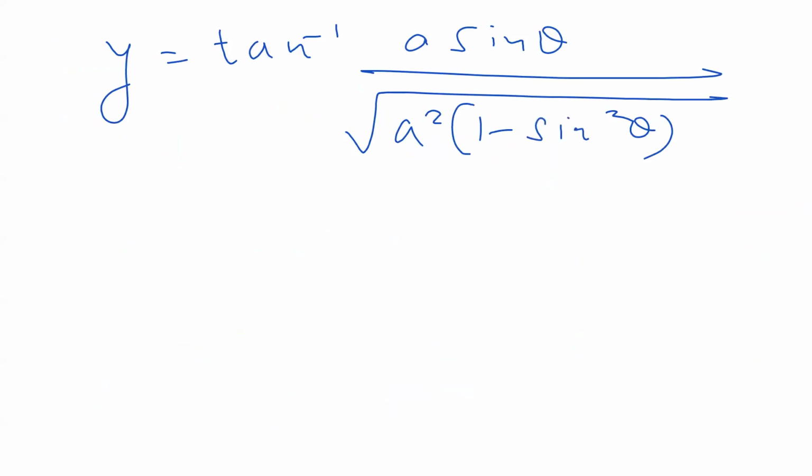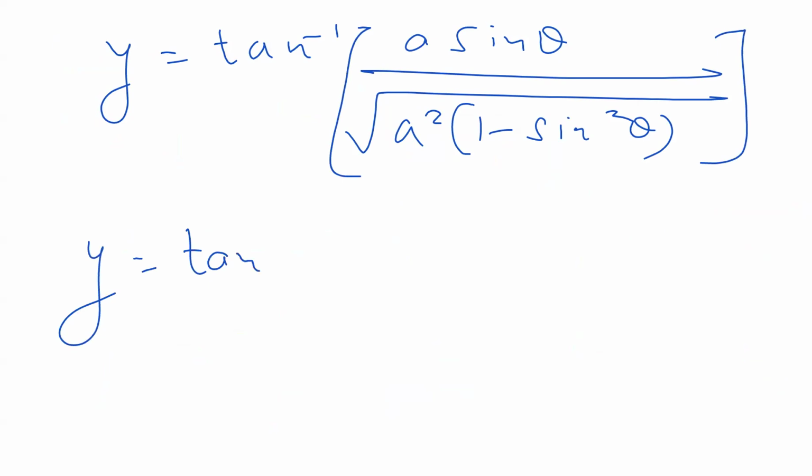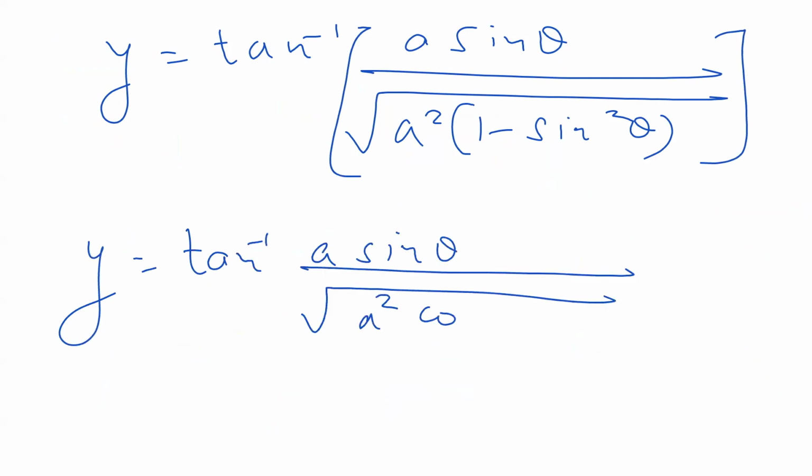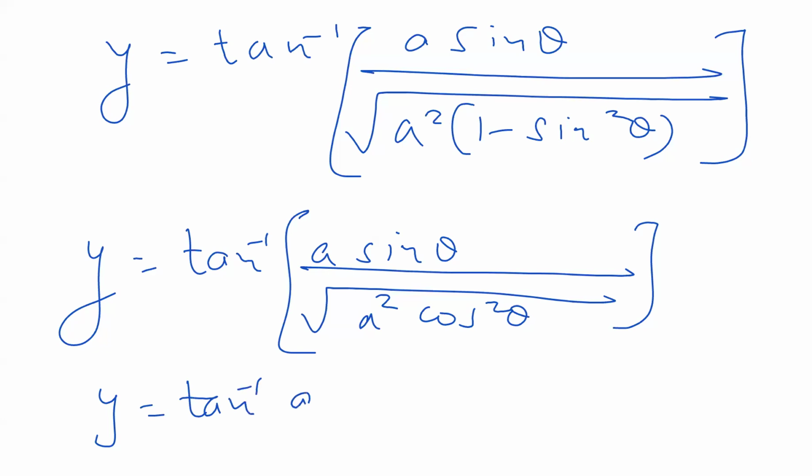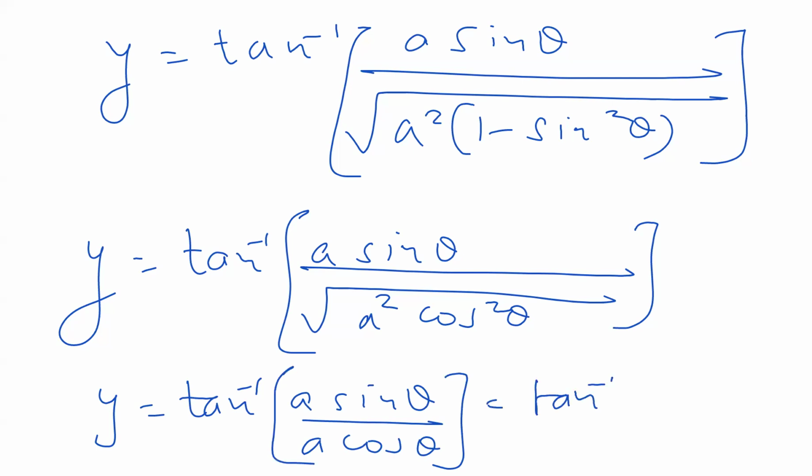So this will be y is equal to tan inverse of a sine theta upon root of a square cos square theta, since 1 minus sine square is cos square. So y is equal to tan inverse of a sine theta upon a cos theta. A will get cancelled. Sine upon cos will be tan. So this will be tan theta.